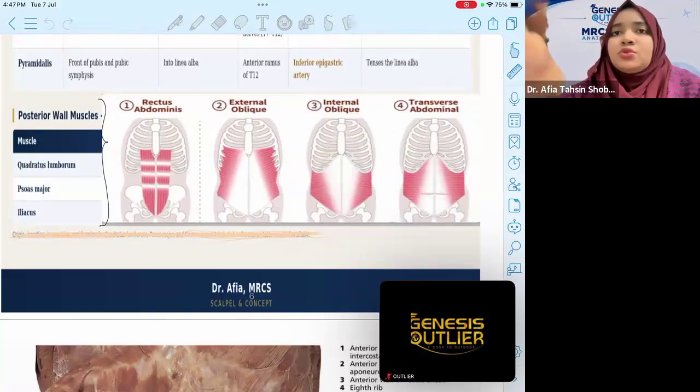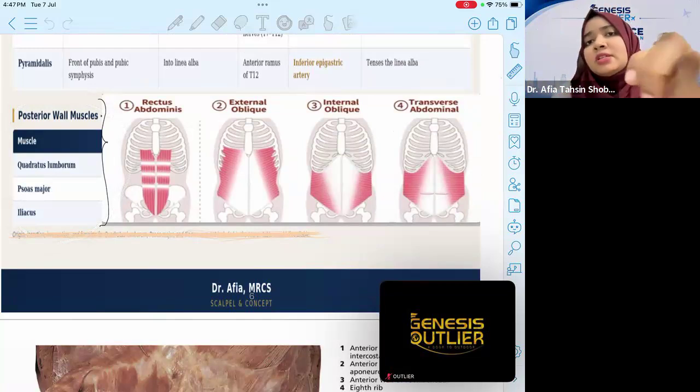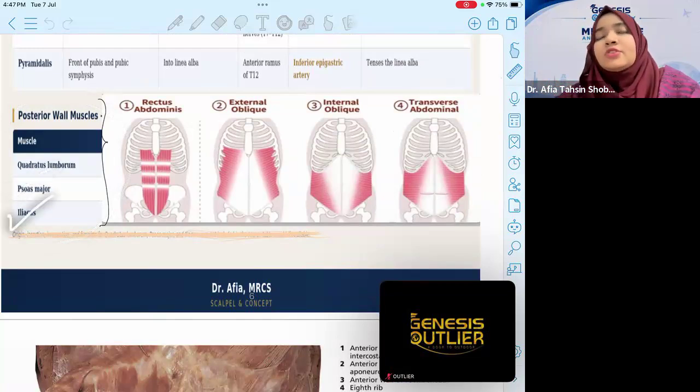and we should know for the abdomen, the posterior wall muscle is not so important, but psoas major muscle origin and insertion and iliacus, like iliopsoas, are asked in the exam. We will cover it in our lower limb. I won't go through this in detail right now.